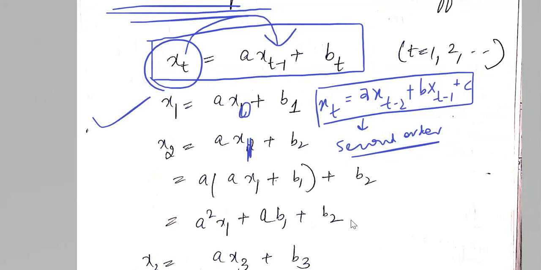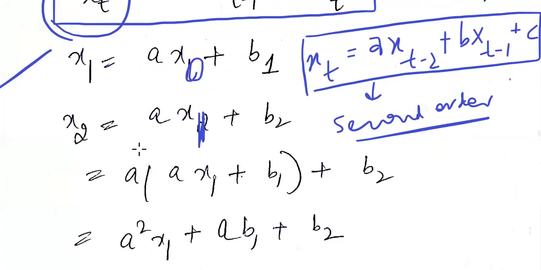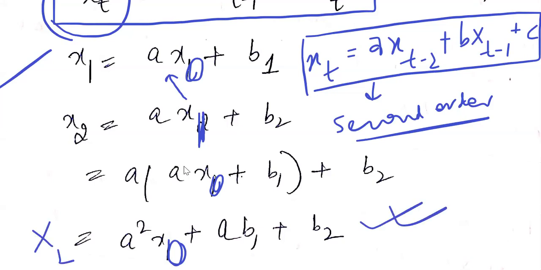Please correct this in the notes also. Instead of x1 I will write the previous value, so it will be a times (a x naught plus b1). So this becomes a square x naught plus a b1 plus b2. So x2 gives you this value.